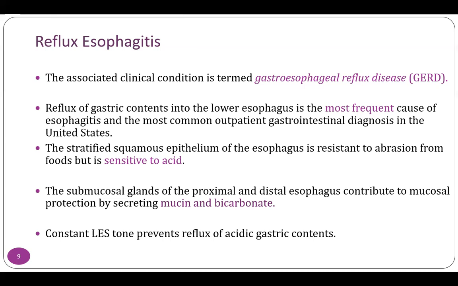So why is reflux such an annoying disease? The most resistant mucosa in the human body is the squamous mucosa. It's really resistant to all types of irritants, except the acid.